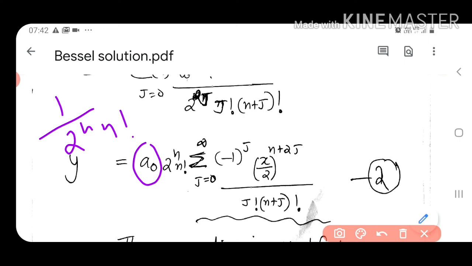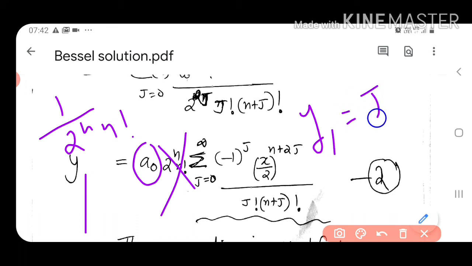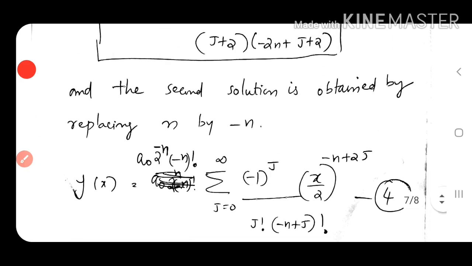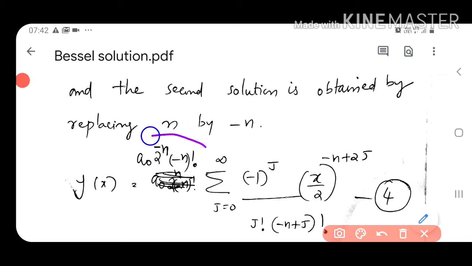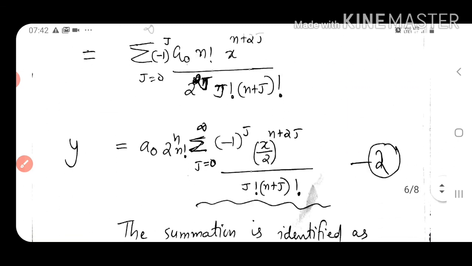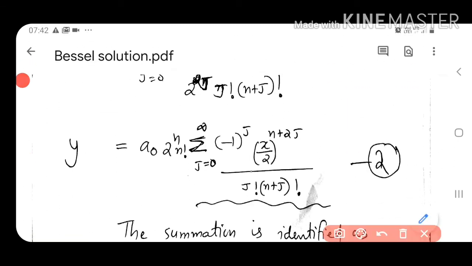So this will cancel. Okay, and what we will have is y1 equal to Jn of x. And what about the second one here? This will go, because this is already gone. When we consider a0 as 2 raised to n factorial, this term is completely gone. We are left with this term only.